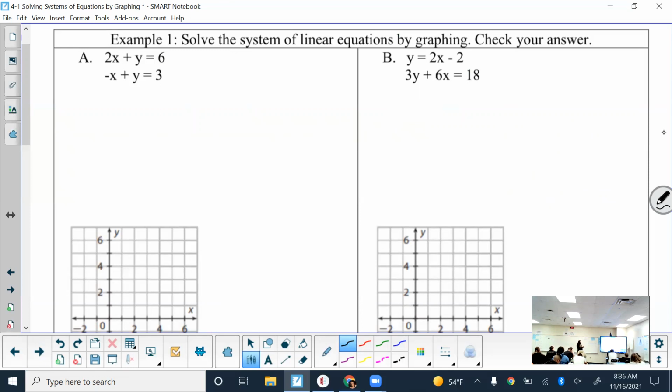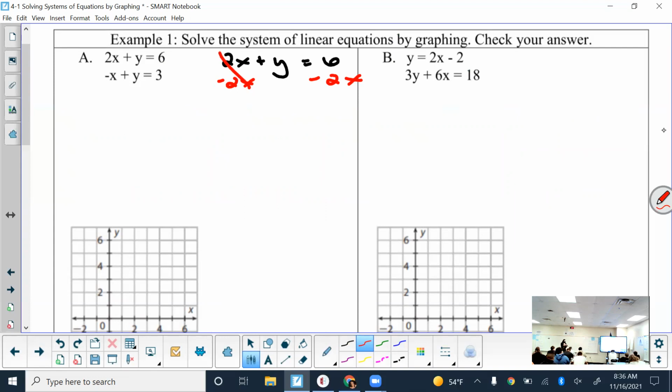So I'll just start with one of them, 2x plus y equals 6. When we're trying to get something in slope-intercept form, what needs to be isolated? So how can I get rid of the 2x that's next to the y? Good. Now, if you remember, we spent a good chunk of time doing this last week.